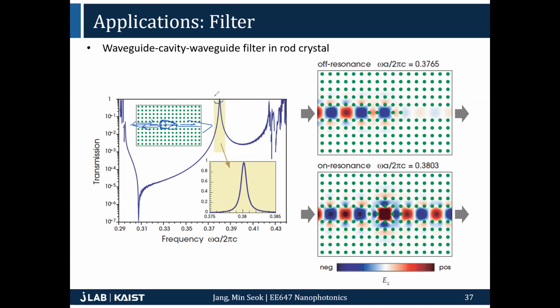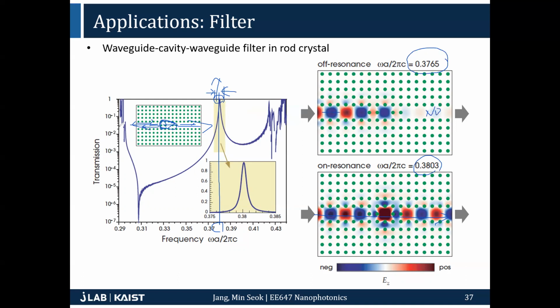So you can see here, you have a very, very narrow transmission band in this waveguide. So if your frequency is right at the transmission band, then you have almost 100% transmission. And if your frequency is slightly different from that, you have almost no transmission.